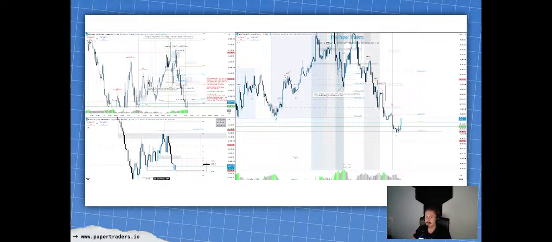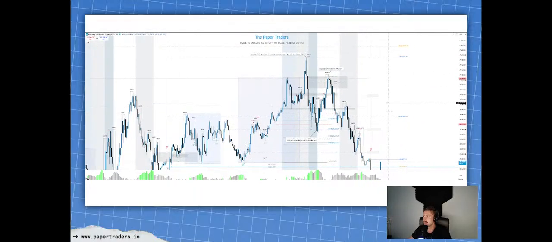On the 15-minute, going into the 9:45 candle, price swept the previous 15-minute high, and it gave us the reversal to the downside here.